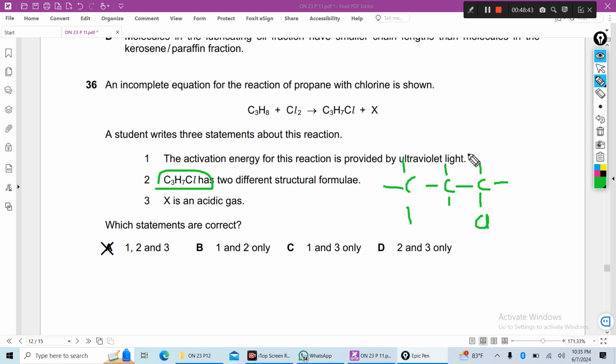The other will be 2-chloropropane, with 3 carbons, where the second carbon contains chlorine and all the others are hydrogen. So C3H7Cl has 2 different structural formulae: 1-chloropropane and 2-chloropropane.